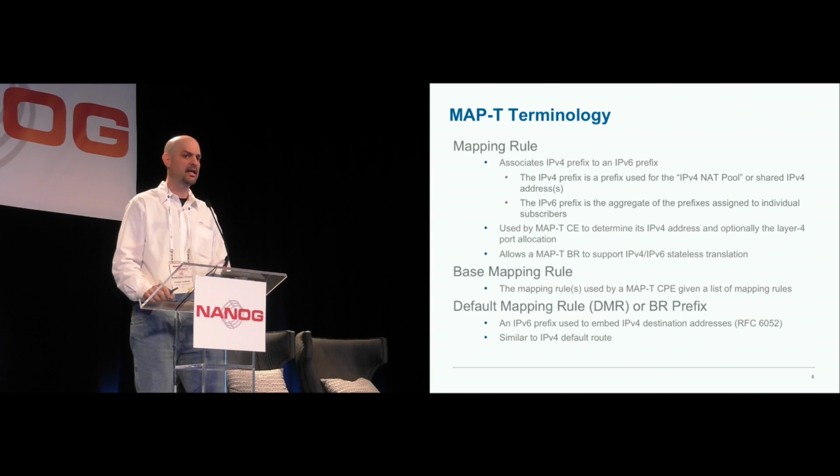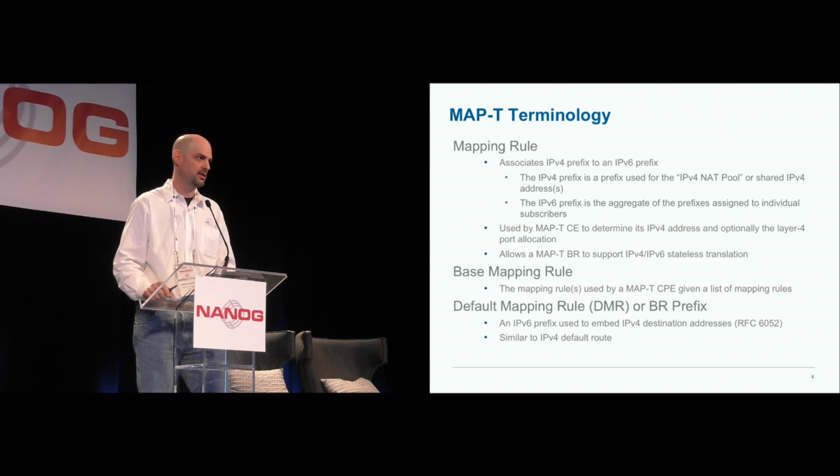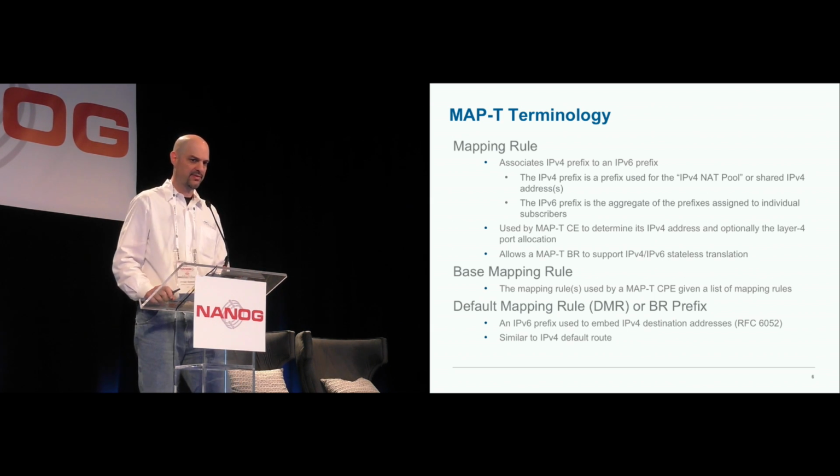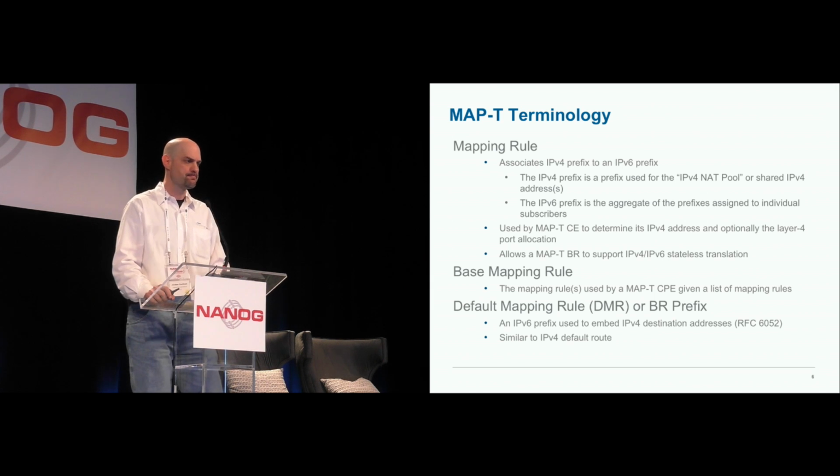On the BR side, it allows the BR to perform the IPv4, IPv6 stateless translation. The base mapping rule is simply a mechanism to identify the actual mapping rule used by the subscriber gateway given a list of mapping rules. It's a longest match operation, and I'll speak about that a little bit later as well.